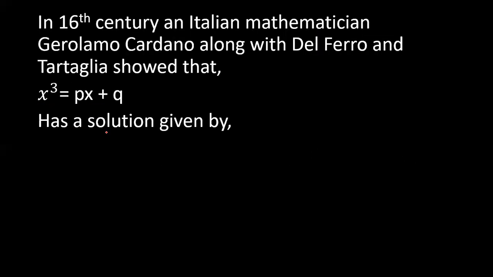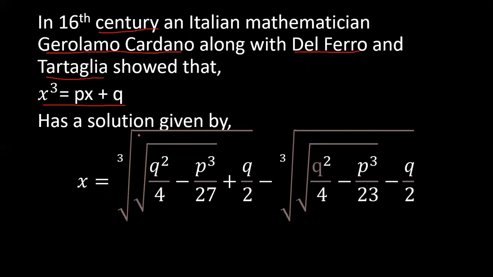So in the 16th century, the Italian mathematician Girolamo Cardano, along with Del Ferro and Tartaglia, showed that an equation of this form has a solution, and that solution is of the form: x equals the cube root of the square root of q square by 4 minus p cube by 27, plus q by 2, minus the cube root of the square root of q square by 4 minus p cube by 27, minus q by 2.